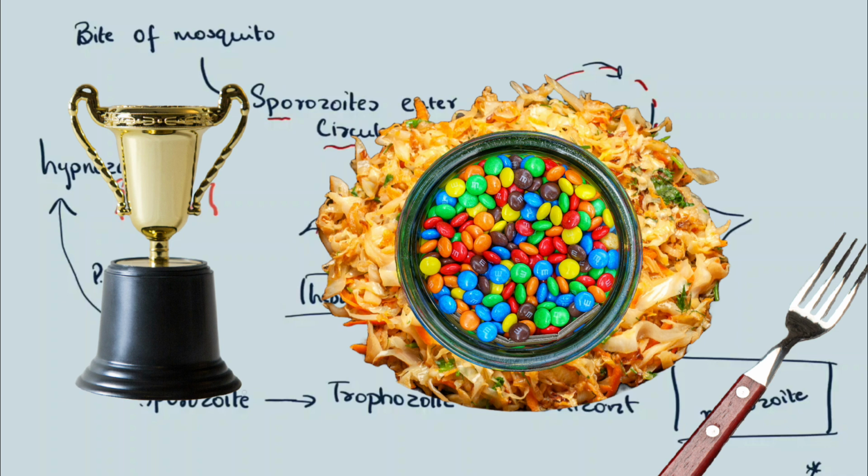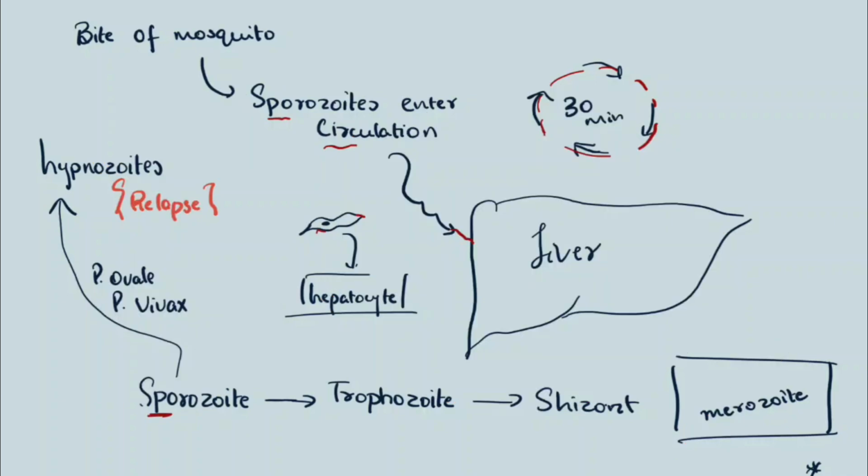That's exactly what happens. The sporozoite that came from the saliva of the mosquito now converts into a trophozoite. This trophozoite comes from trophy, just a way to remember, then you get a schizont. And inside the schizont, you have something called merozoites. So the merozoites are inside the schizont, exactly how the M&Ms are in the Szechuan fried rice.